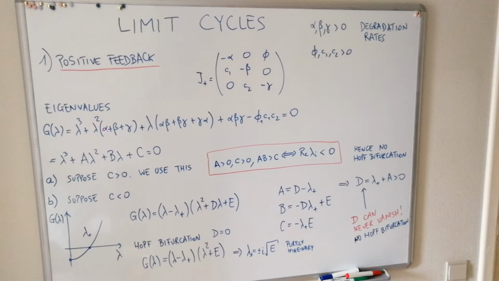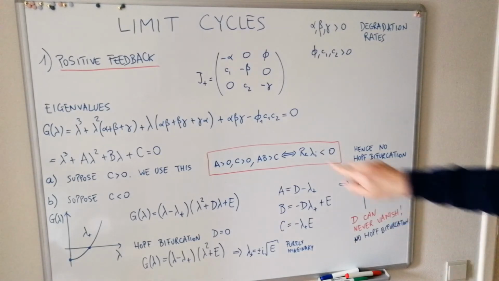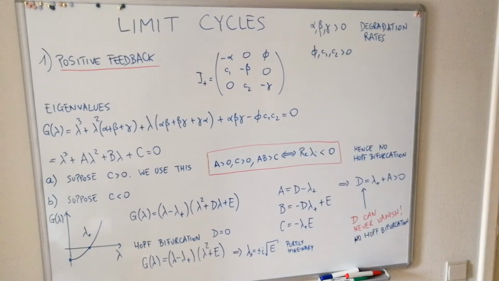So you see the lambda squared term is alpha plus beta plus gamma. We call this term A, capital A. The term linear in lambda, the coefficient is alpha beta plus beta gamma plus gamma alpha. We call this B. And then what is left here, we call it C, capital C. This is alpha beta gamma, which is a positive term, and we have a minus phi c1 c2, equal to 0.